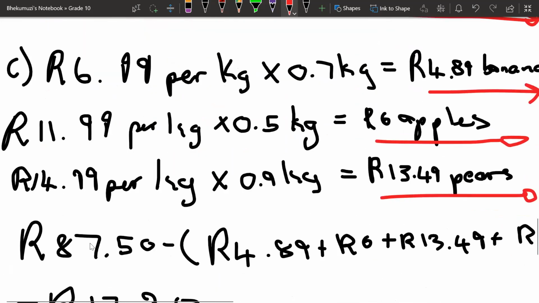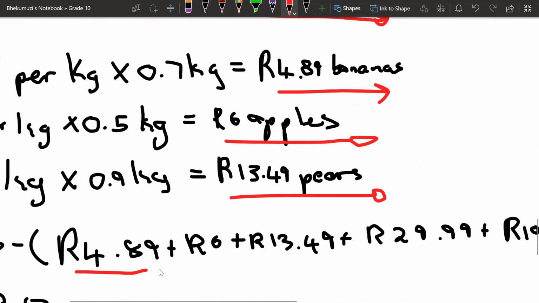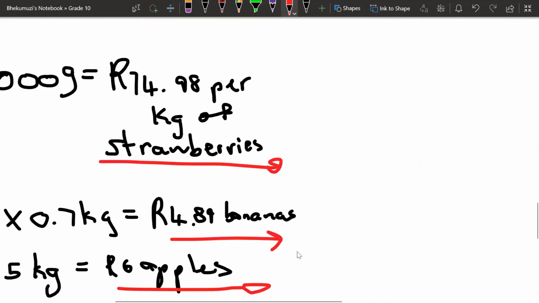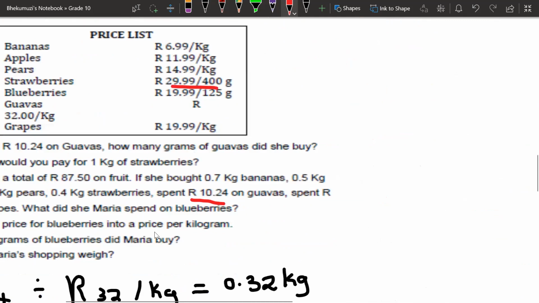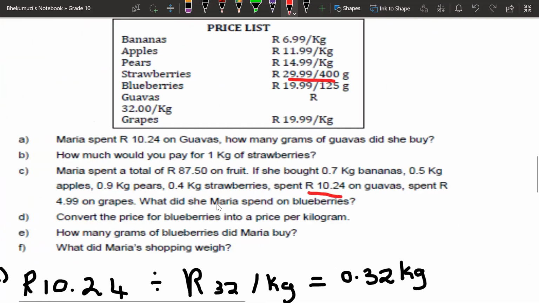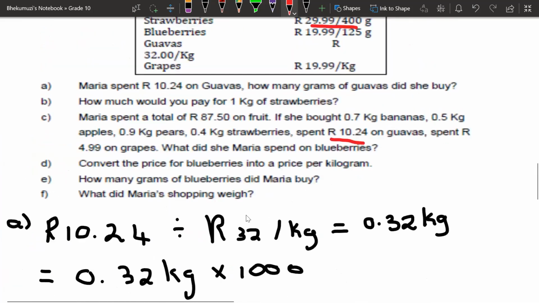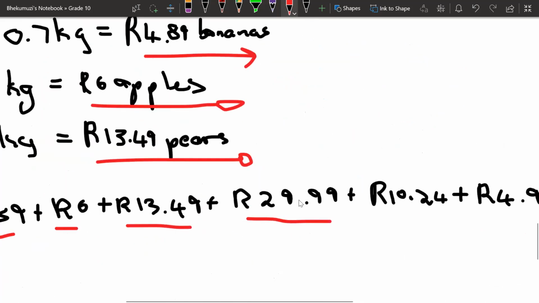So now we take that 87 Rand 50, and then we take all our results here and we add them together. So this is of bananas, this is of apples, this is of pears, and 29 Rand is also of strawberries. Yeah, they did say strawberries. Yeah, 0.4 kilograms of strawberries. And remember where we got 0.4 kilograms of strawberries. It's up there, and we already know that it's 29.99.